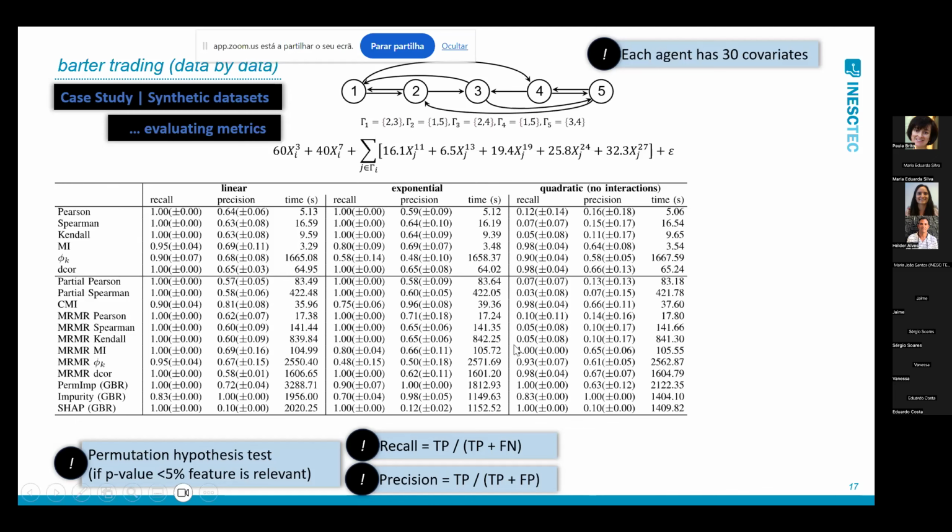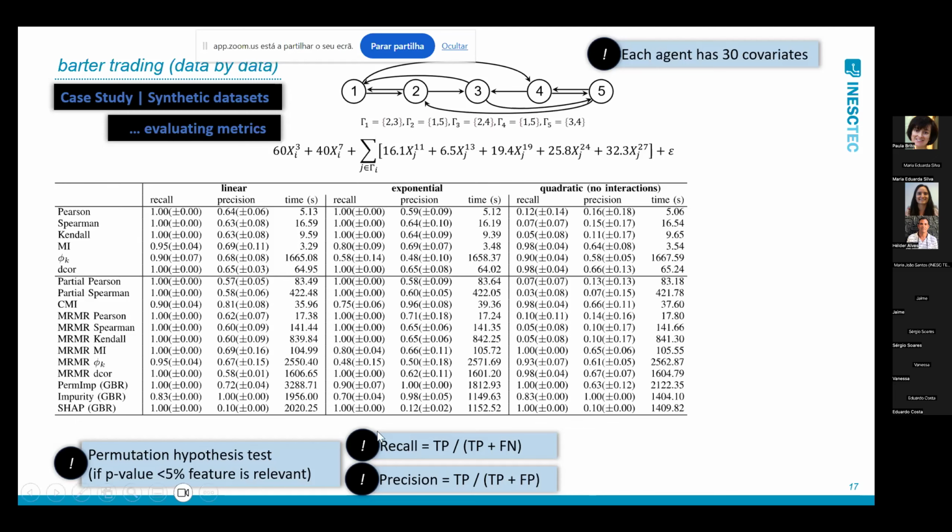To measure the performance of this classifier, we use the recall metric and precision. Recall is important. We want it close to 100%, because recall is related to, given the relevant features, how many of them I was able to detect. And it is important that I do not discard relevant features.